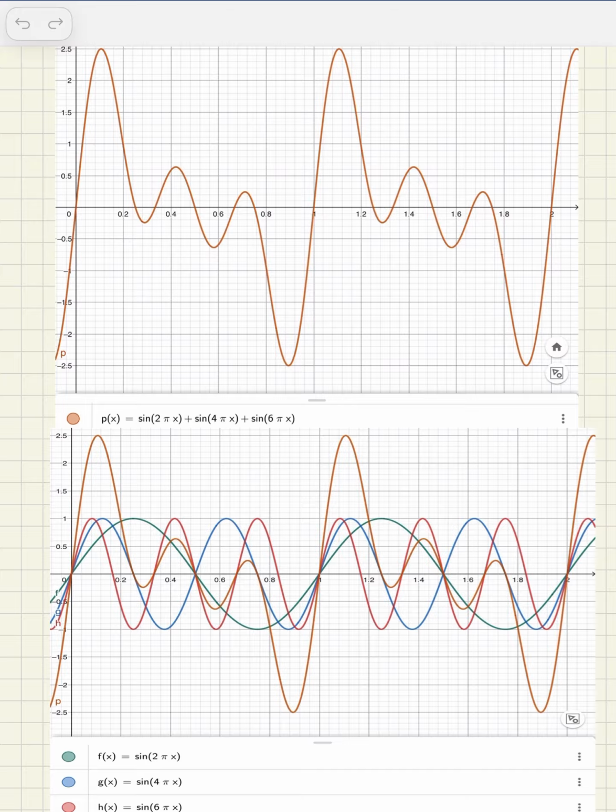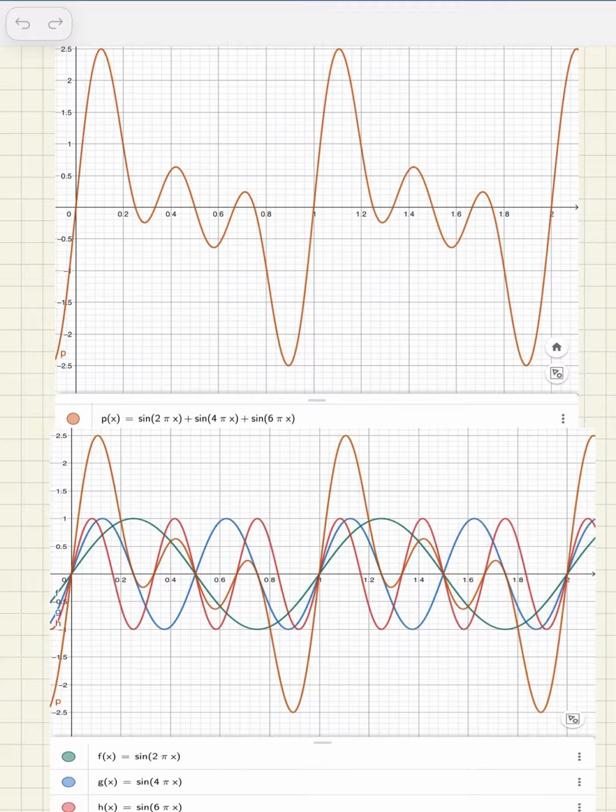Even though it has a complicated shape, the combination is a periodic function. So if you think in reverse, if you start from a complicated periodic signal, there is a possibility of writing it in terms of simple sine functions, right?